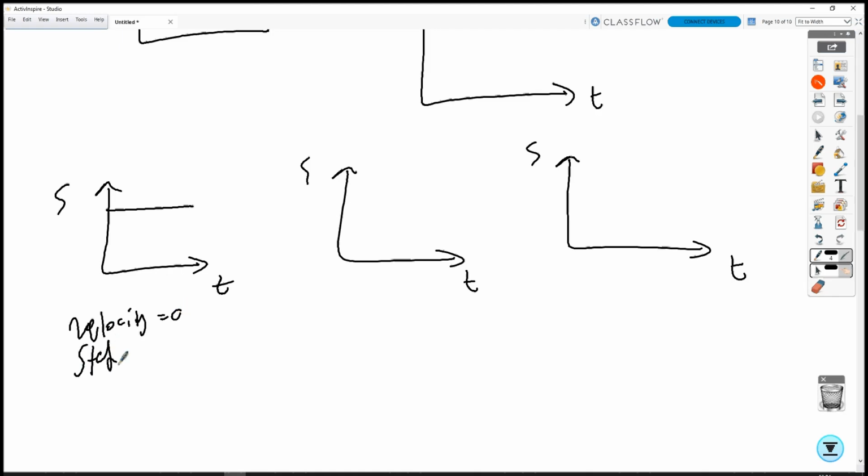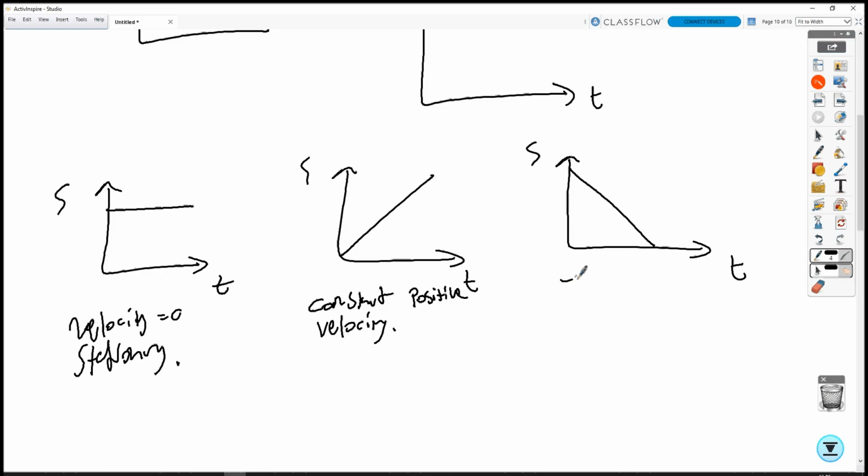So therefore, this is stationary. If we have a straight line like this, this means that there's constant positive velocity. It means that the object is moving, but it's neither slowing down nor speeding up. If we have a straight line like this, this is a constant negative velocity because the gradient is negative.